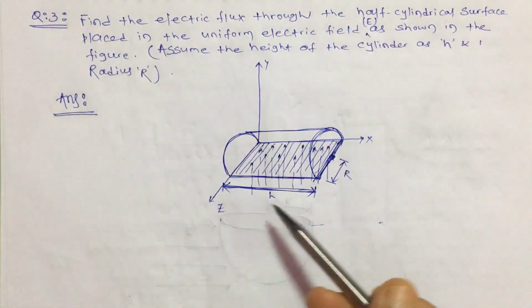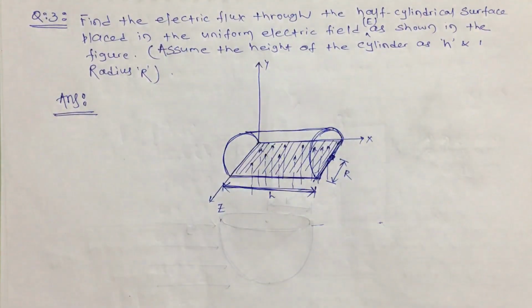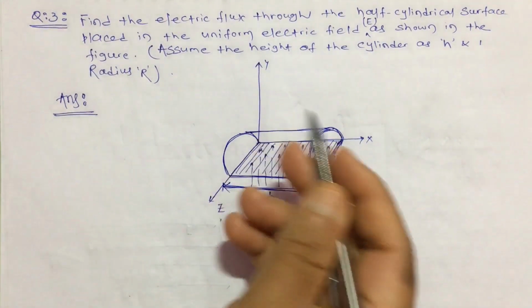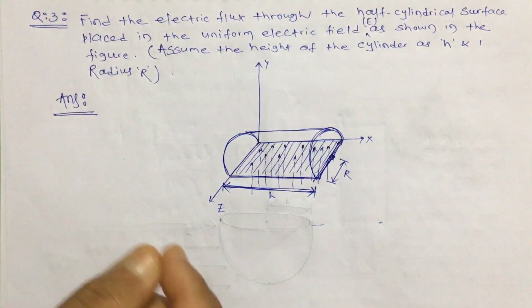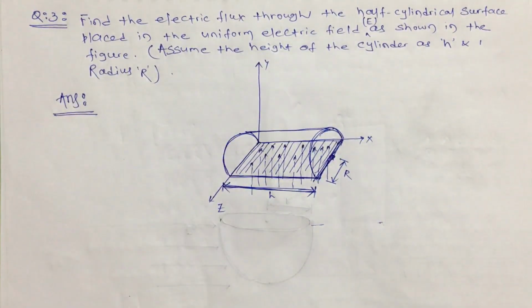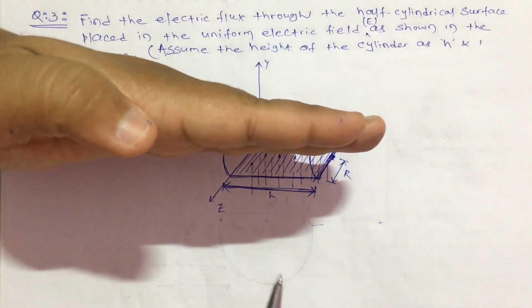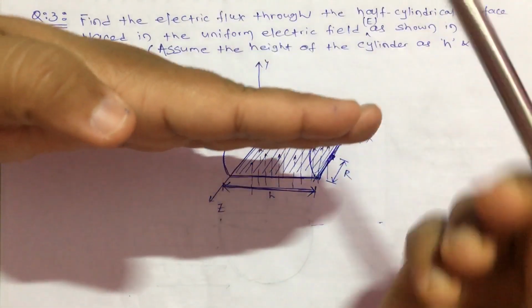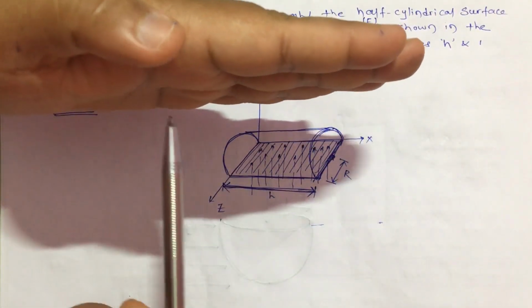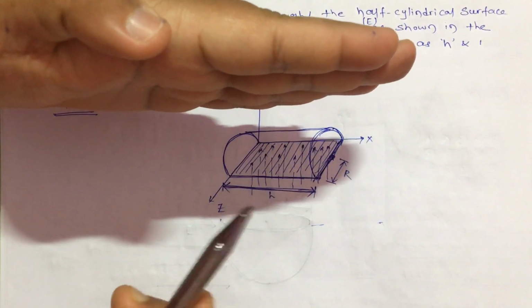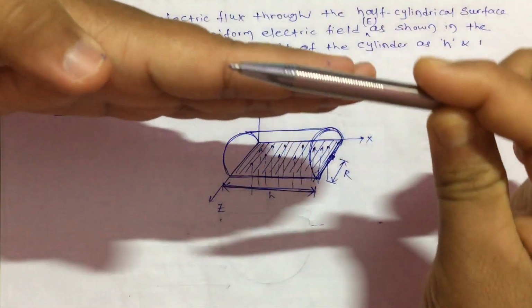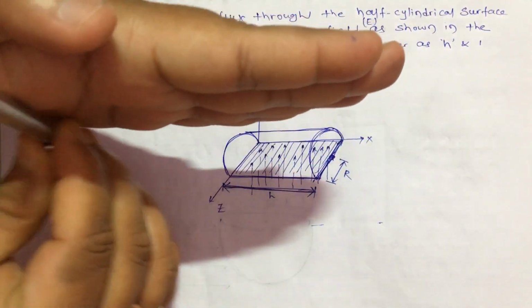Again I can tell you, for this surface you cannot use E dot S, because for this surface the angle between electric field and the area vector is not a constant. So, again use the shortcut that we learned in the last part. If you see from this side, if this is a half cylinder placed like this and you are looking at it from this side, then the cylinder is not going to be visible, the only thing you are going to see is this surface.